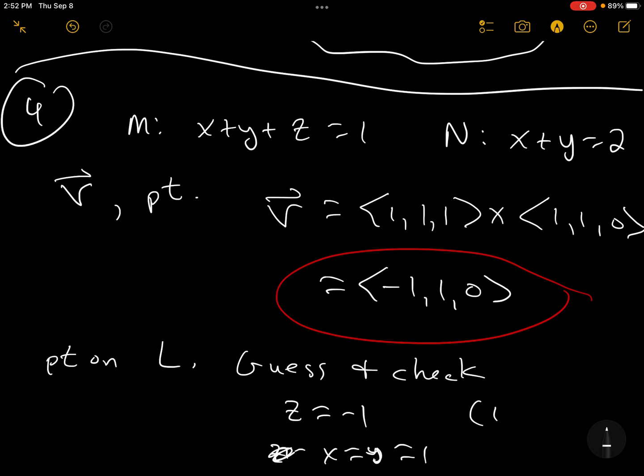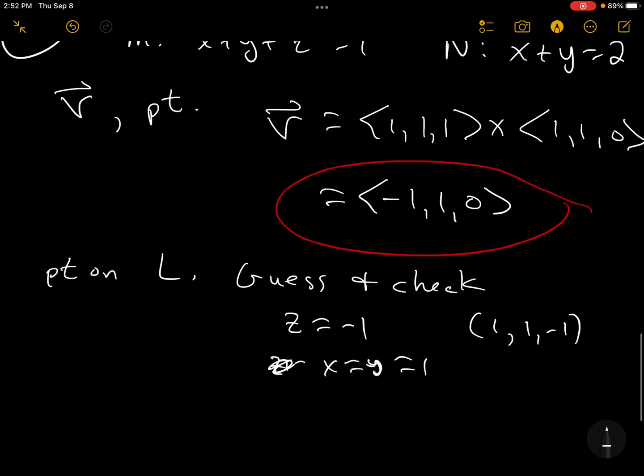So we have the point 1, 1, minus 1. And just check to see, does that work on M? Yes, because 1 plus 1 minus 1 is 1. And then over here, 1 plus 1 equals 2.